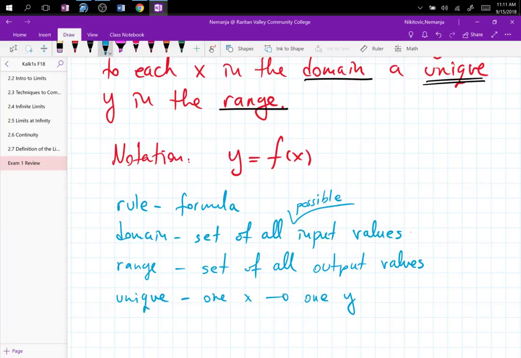And if you take that word out, you kill the definition of a function immediately because uniqueness is not there, and then anything goes. Now, we do have in nature things that are not functions. A circle, for instance.